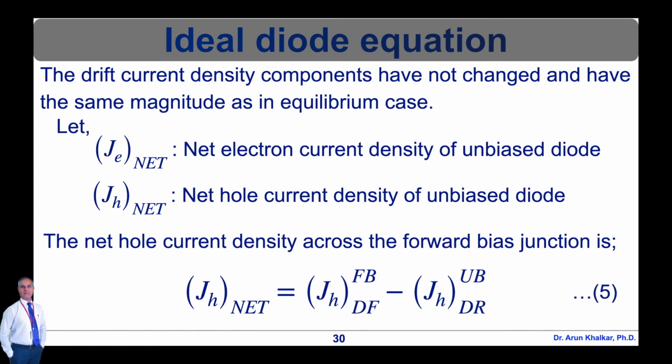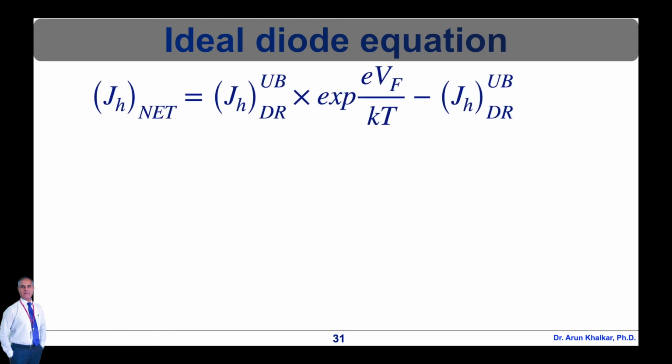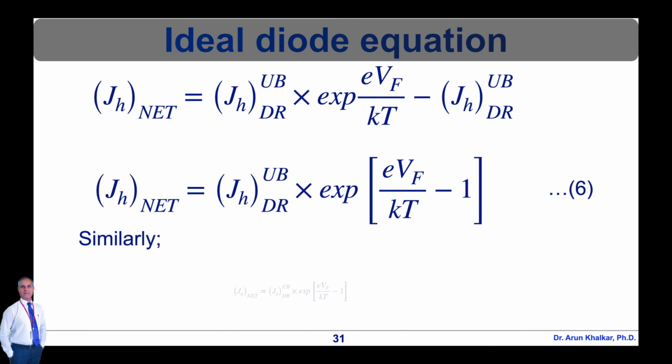Let's say this is equation number 5. Therefore, we can write JH net is equal to JH of drUB into exponential of eVF upon kT minus JH of drUB. Therefore, JH net is equal to JH of drUB into exponential of eVF upon kT minus 1. Let's say this is equation number 6.